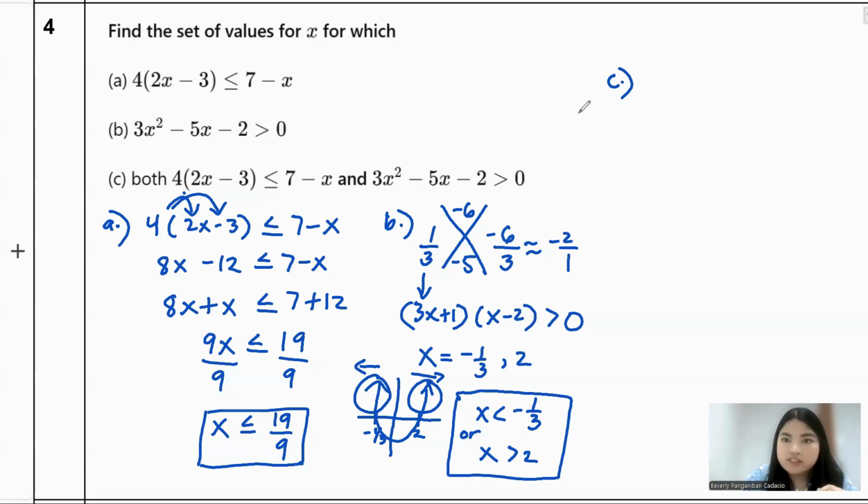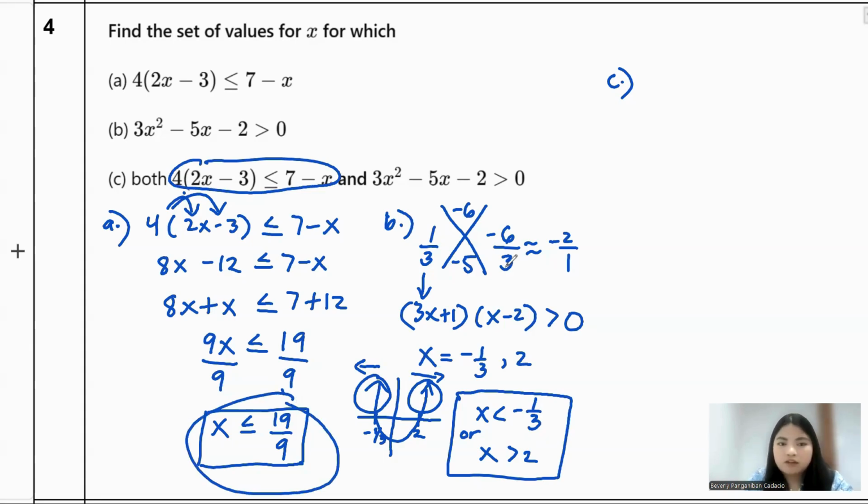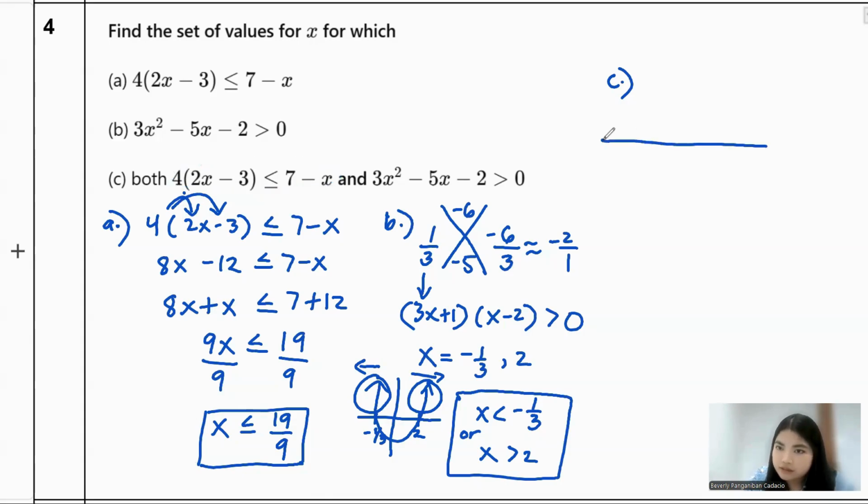Okay, for letter C, I suggest you draw it in a line so you can visualize things. So the answer here is this 19 over 9, right? So what I'm going to do is make a straight line here, and this is around 0 maybe. I don't need to complete the number line because I think it will just confuse your mind.